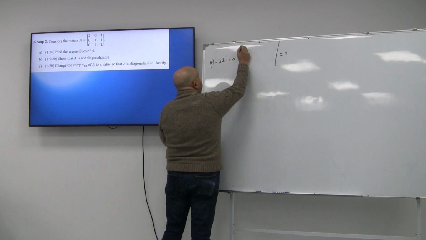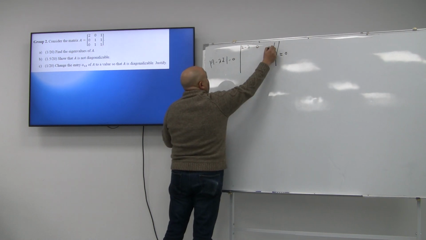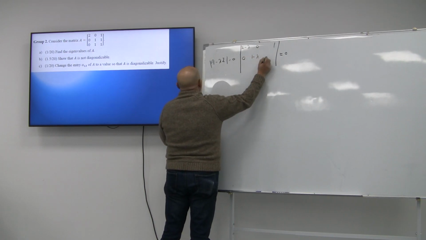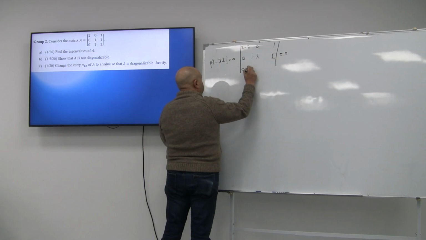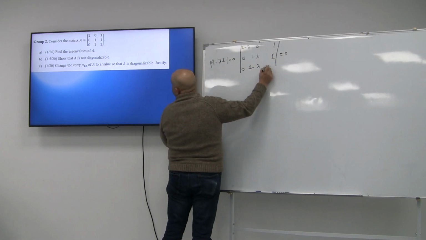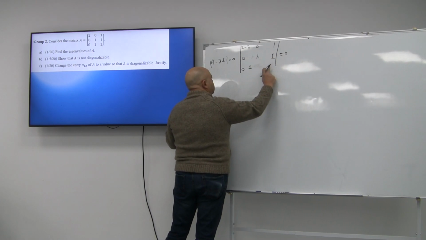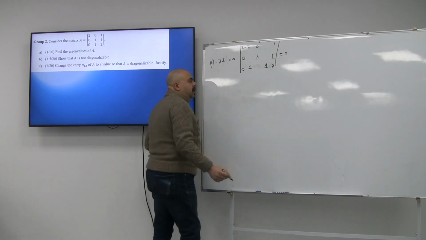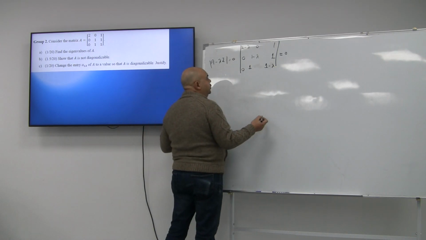Here it's going to be 2 minus lambda, 0, and 1. For the second row, it's going to be 0, 1 minus lambda, then I will have 1. For the last row, it's going to be also 0, 0, and I will have 1 minus lambda. I'm sorry, yes, exactly right. So start by multiplying the principal diagonal, if you like to do it this way.